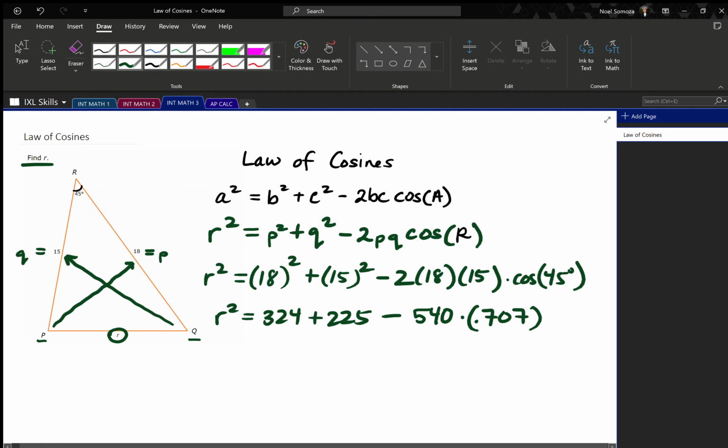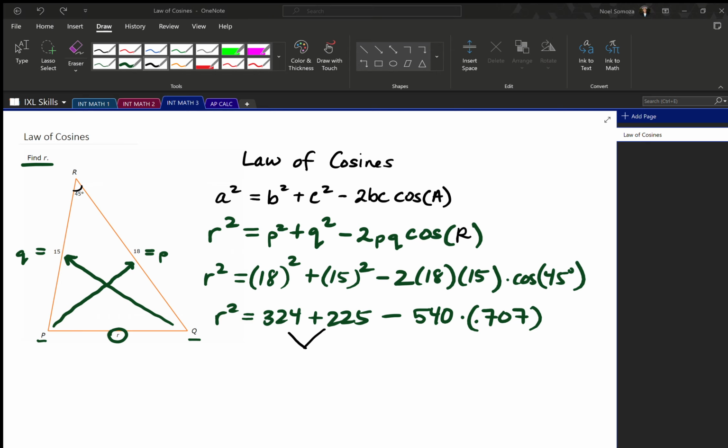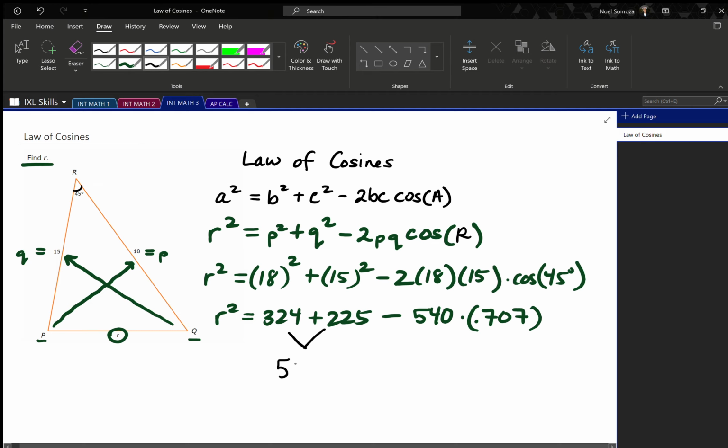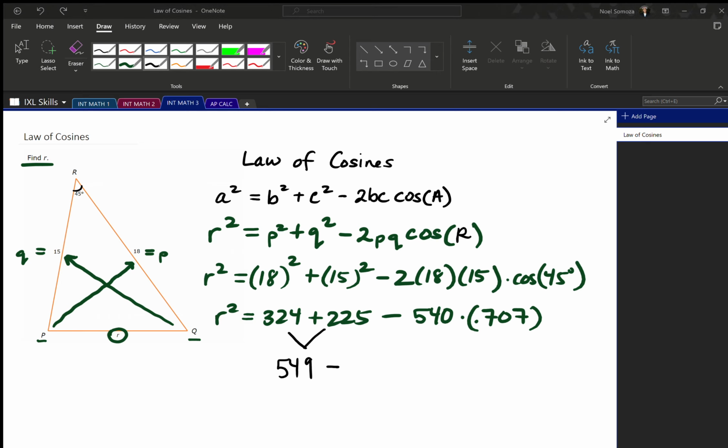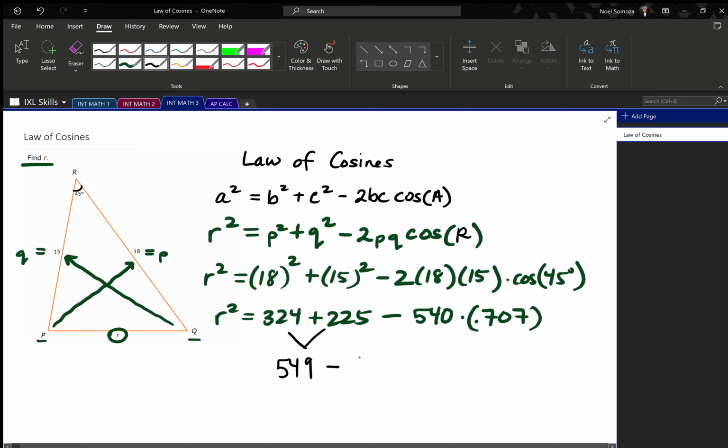Okay, that's an approximate value. All right, so now we have to clean up a little bit. Let's clean up the 324 plus the 225. That's going to give us 549 minus the product of 540 times 0.707. So 540 times 0.707 gives us 381.78.